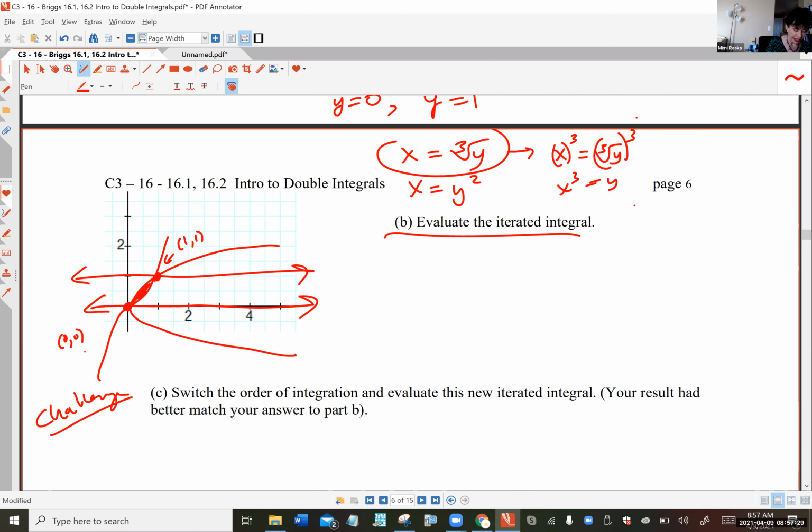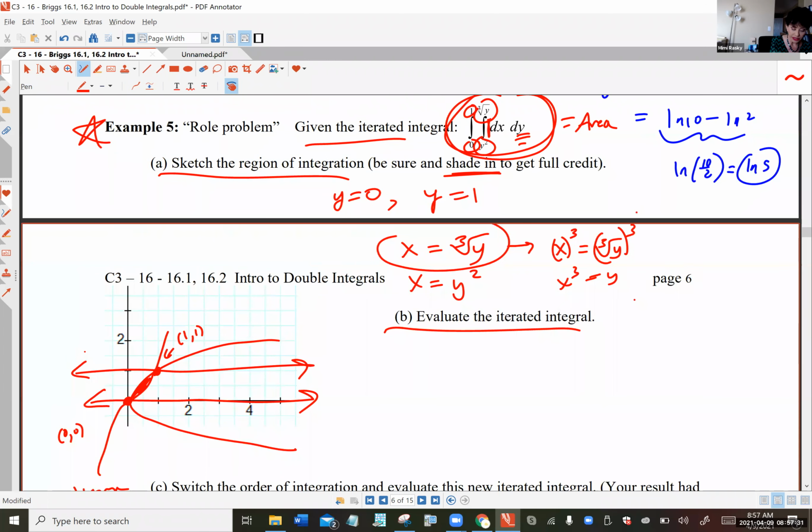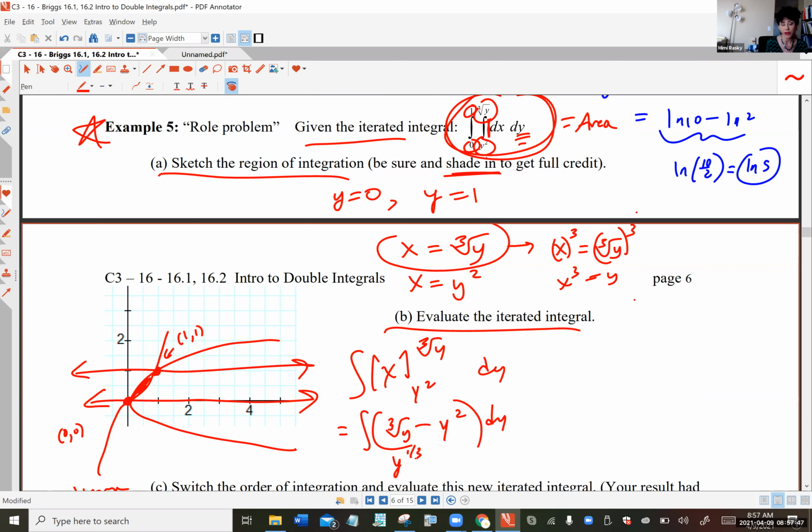And actually evaluating the integral is easy, because the innermost integral, when you're integrating just 1 with respect to x, you're just going to get x, and then evaluate x at the limits. So then you're going to get the cube root of y minus y squared dy. And cube root of y is the same as y to the 1/3, of course.